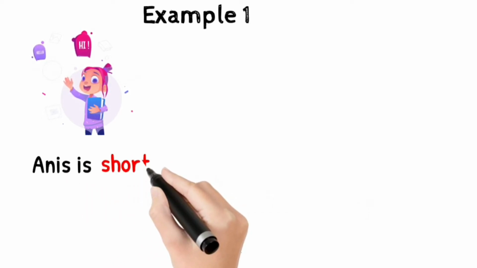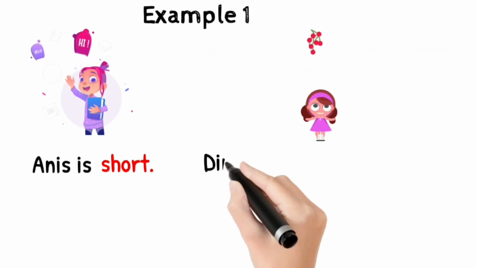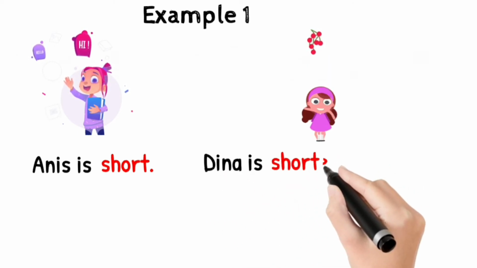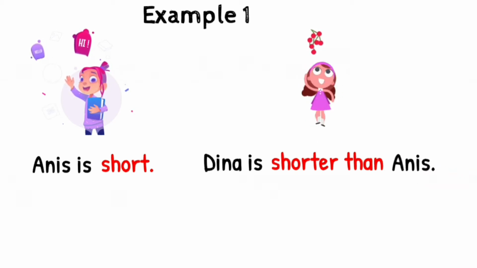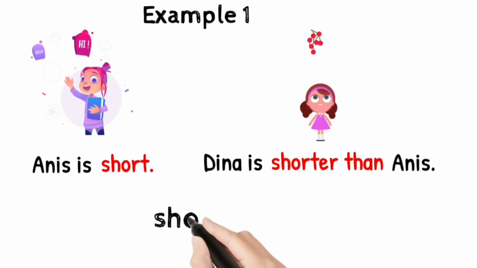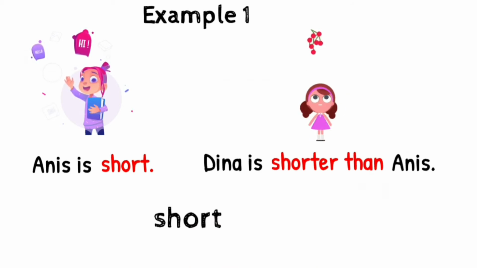Anis is short. Now let's take a look at the person next to Anis, Dina. Dina is shorter than Anis. Now if you notice, the adjective short has changed its form.